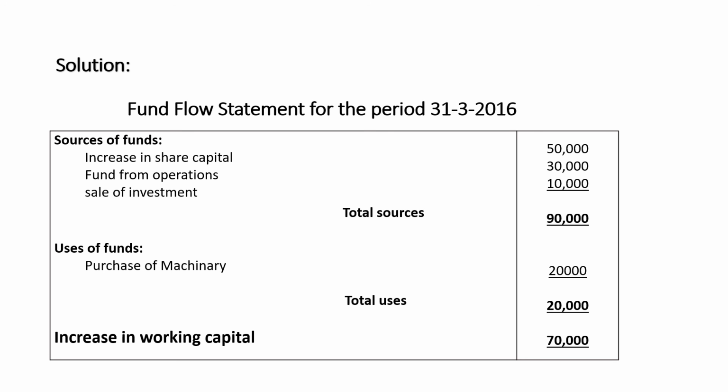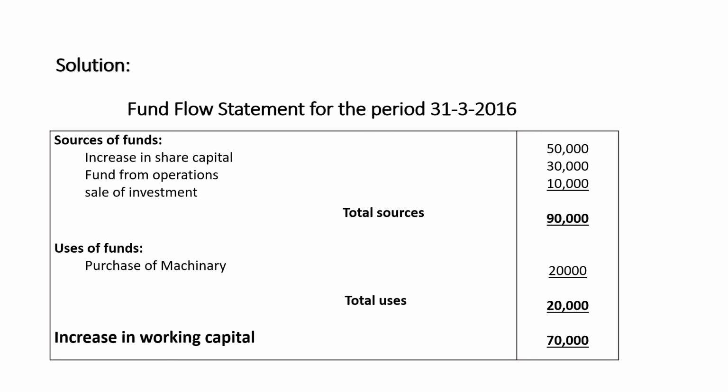Then application of fund. Purchase of machinery. See the value of machinery during the year 2015 is 40,000, and 2016 is 60,000. The difference between 40 and 60 is assumed to be purchase of machinery during the year worth 20,000.